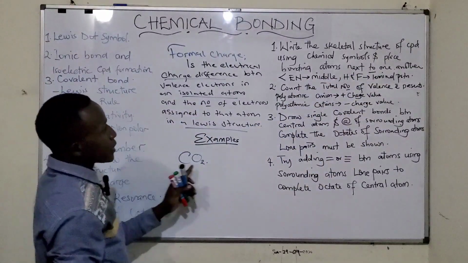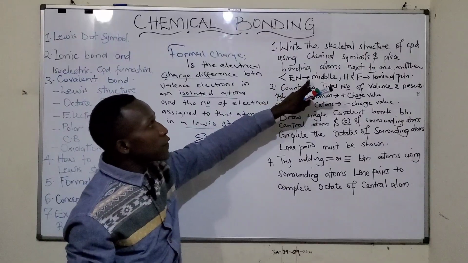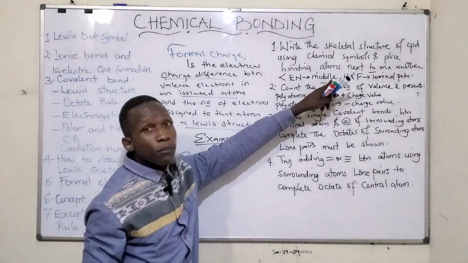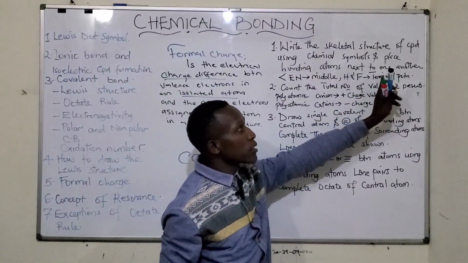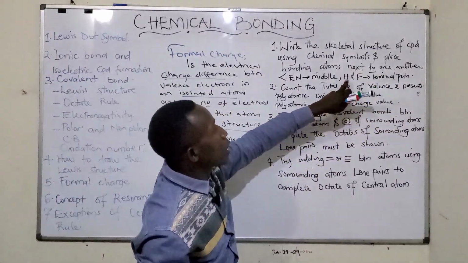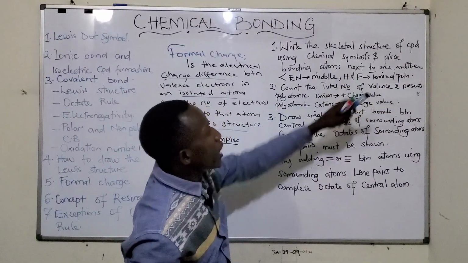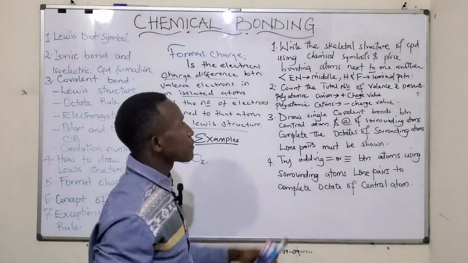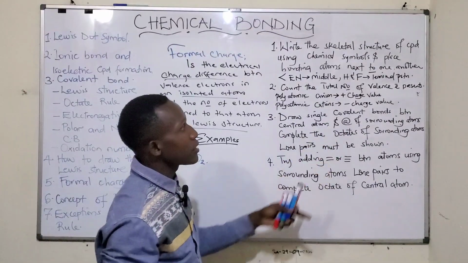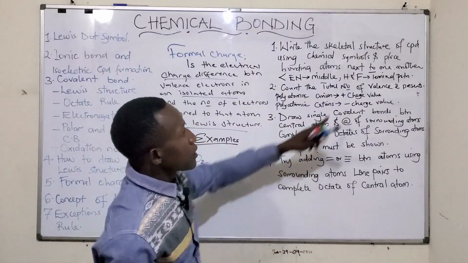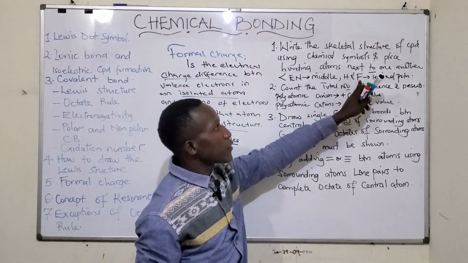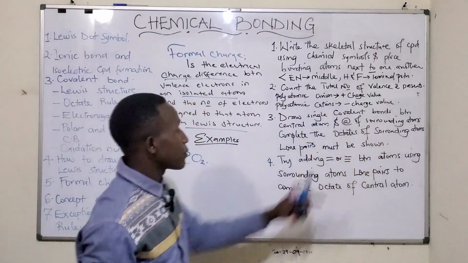The less electronegative atom is always in the middle. But hydrogen and fluorine are always in the terminal position, because you can find that hydrogen can be more electronegative than some elements, yet it's in the peripheral or terminal part. But here's the rule: hydrogen and fluorine are always in the terminal position.